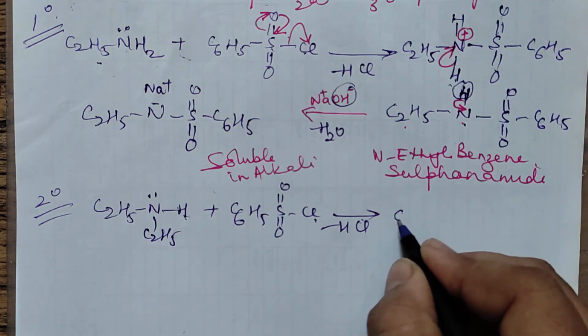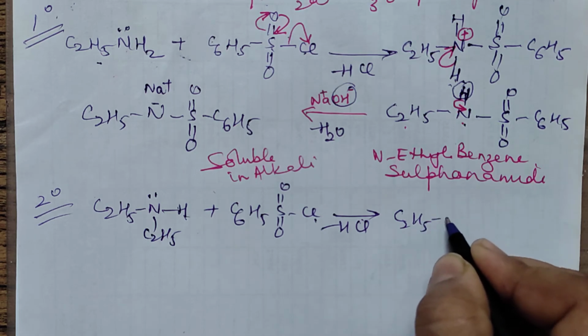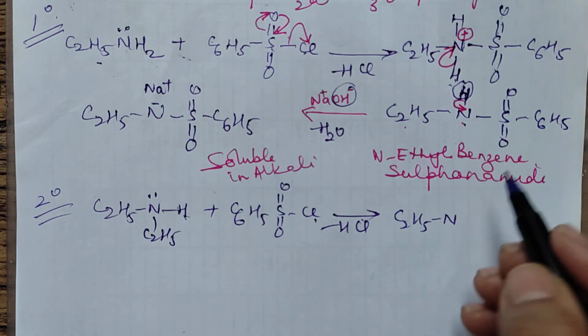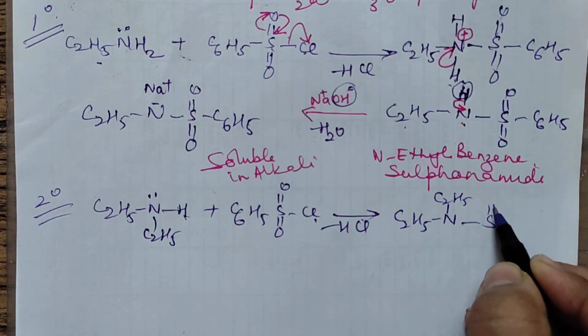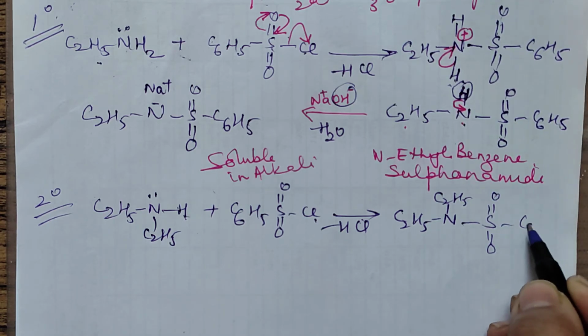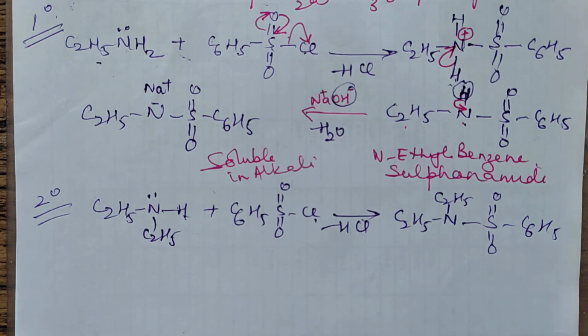So what will you be getting? C2H5 and, instead of this H, now you will have C2H5. Here you will have this SO2C6H5. Now in this there is no H here. There is no H means it does not have any acidic hydrogen.